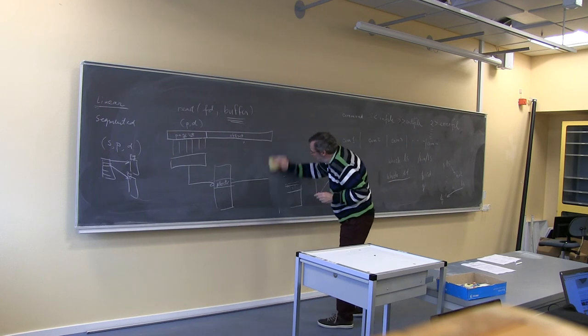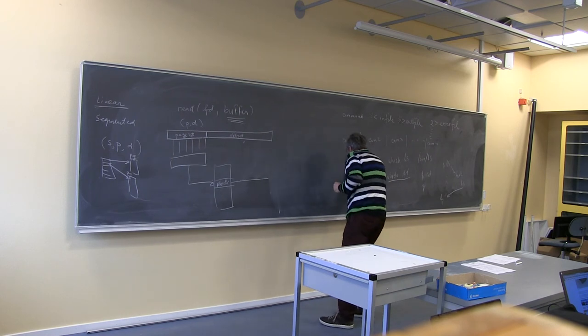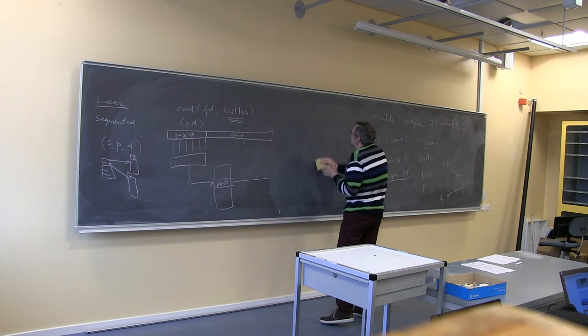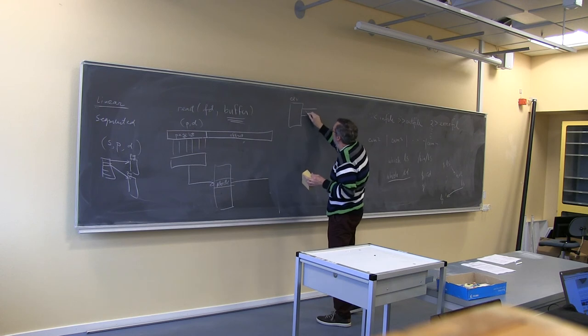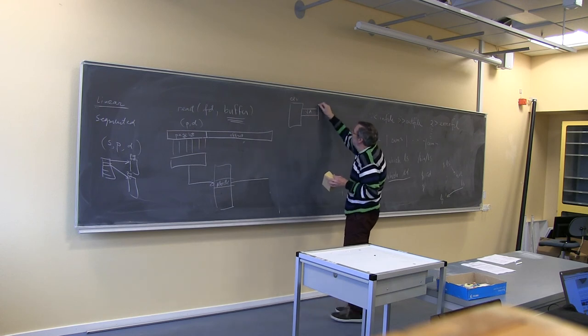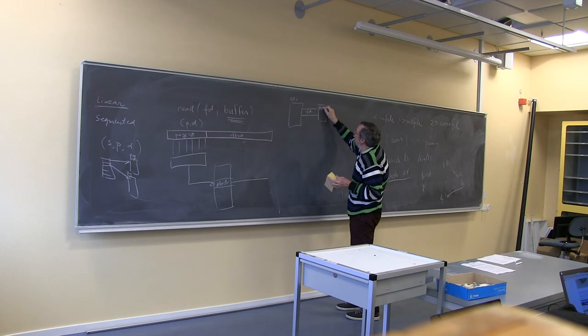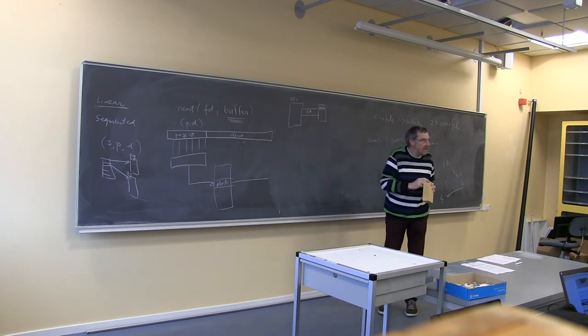Okay, you remember the illustration I gave at some point? Having the CPU issuing a virtual address and then an MMU, which is doing the translation.